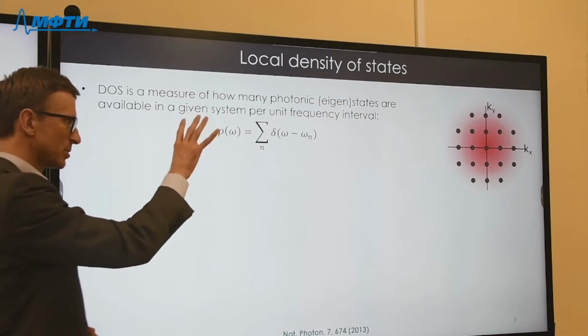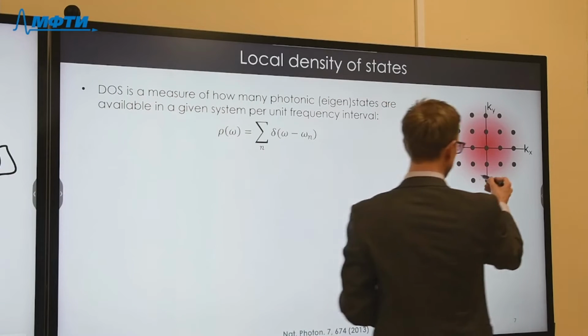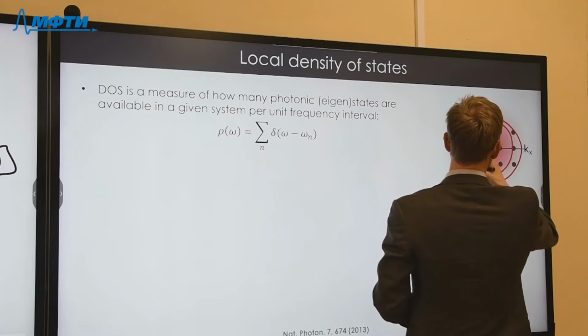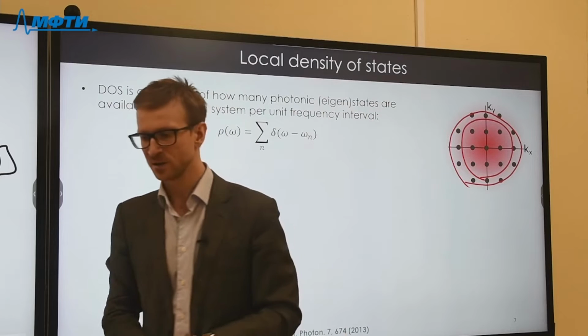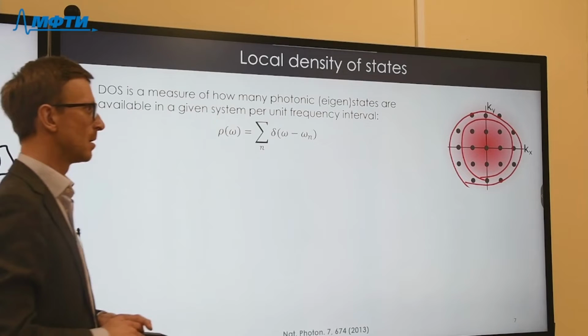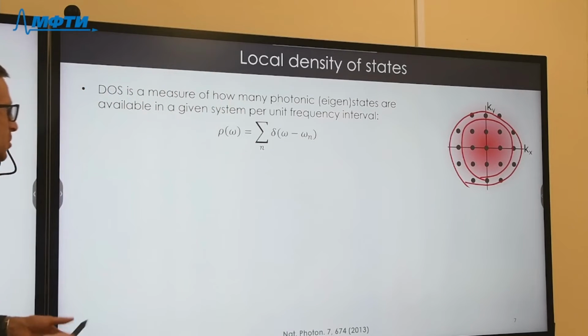By counting all the modes with all different frequencies and wave vectors, we can calculate how many modes we have per unit frequency interval. I'm sure you've done this exercise already in statistical mechanics classes and maybe in quantum mechanics, when you counted all electromagnetic modes of free space.